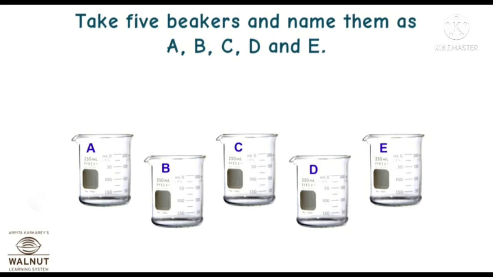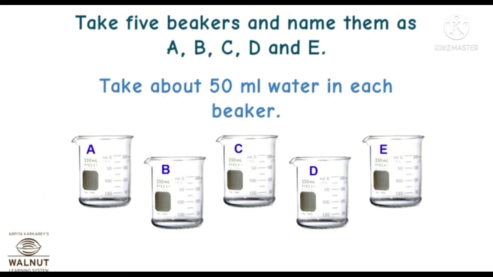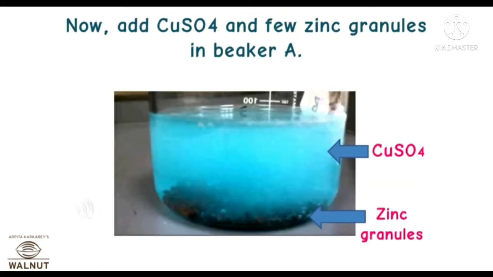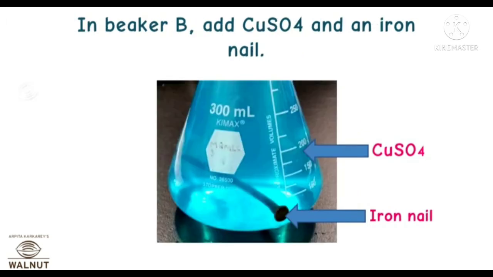Take 5 beakers and name them as A, B, C, D and E. Take about 50 ml water in each beaker. Now add copper sulfate and a few zinc granules in beaker A. In beaker B, add copper sulfate and an iron nail.